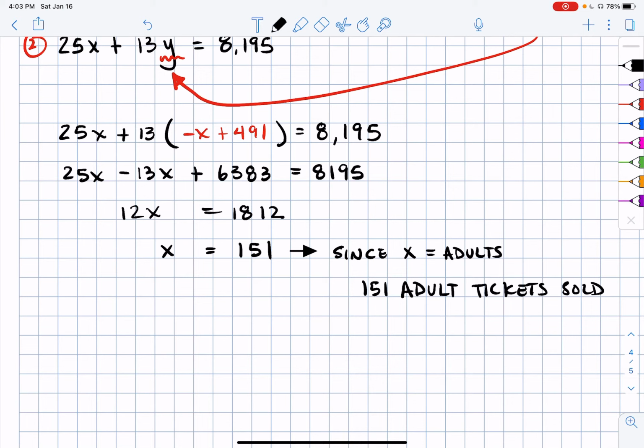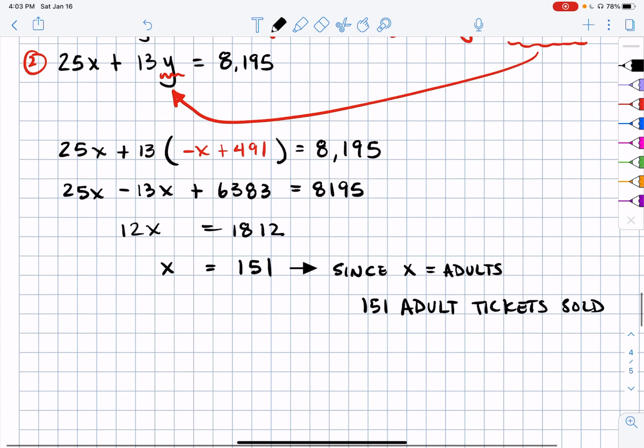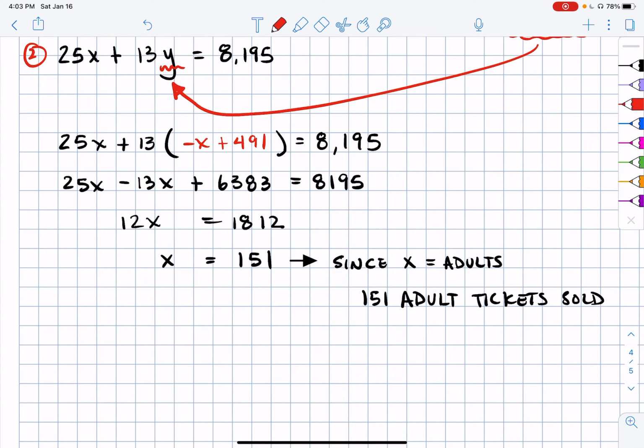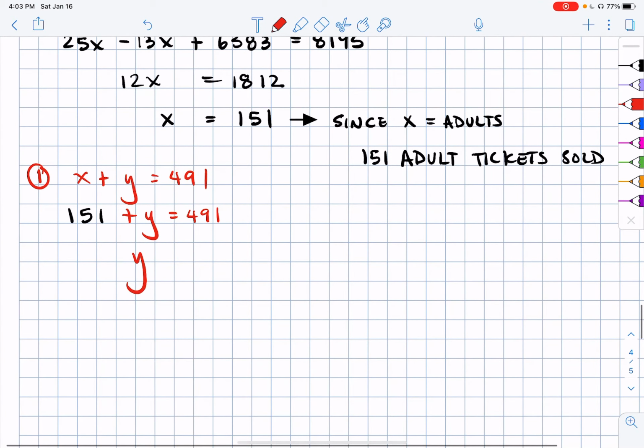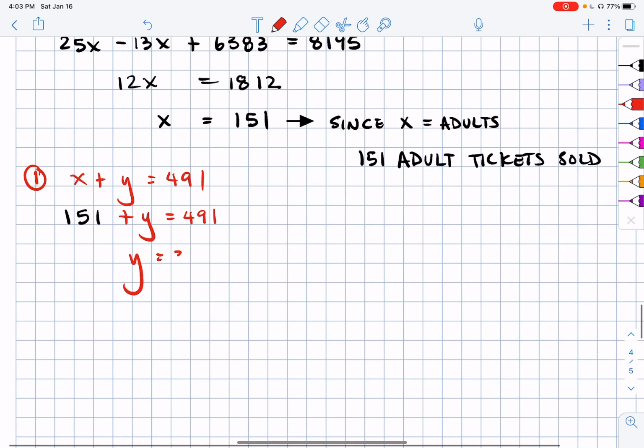So how do I find the number of senior tickets? If you look at equation 1, I have x plus y equals 491. I plug that x in, so 151 plus y is equal to 491. Subtract the 151, y is equal to 340.